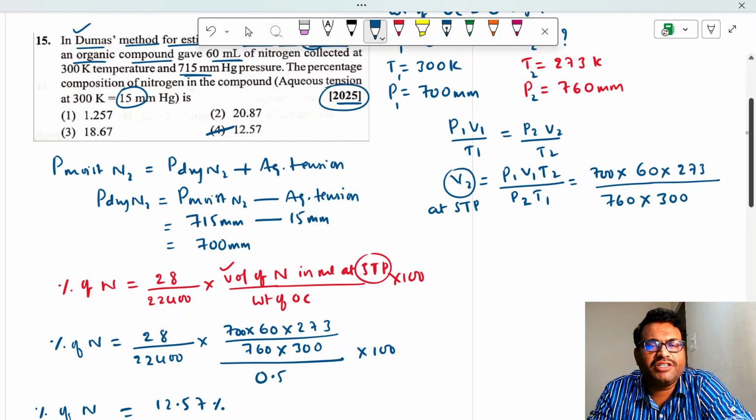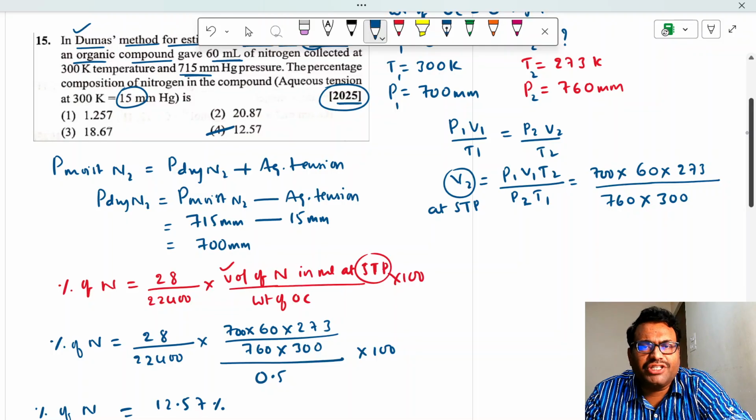It was asked in a very recent examination, 2025. For this pattern of questions there are about 5 PYQ. If you look into the previous year JEE Main papers, you will find similar pattern questions.